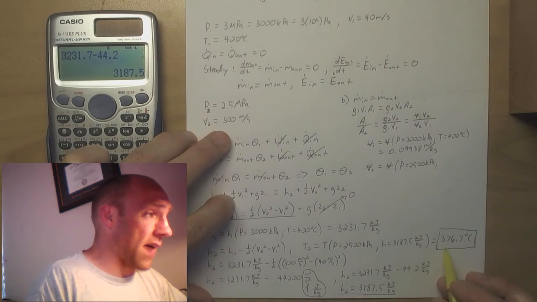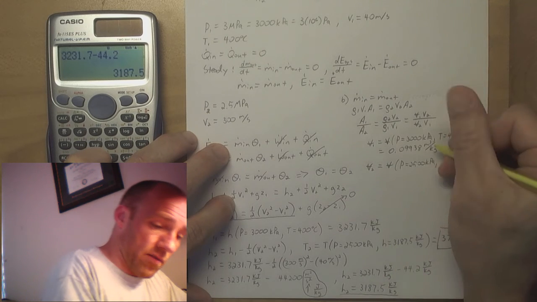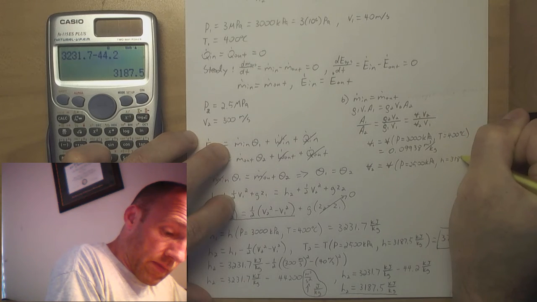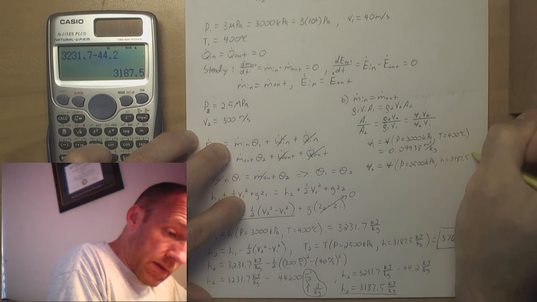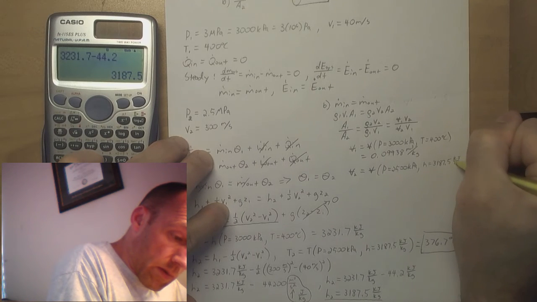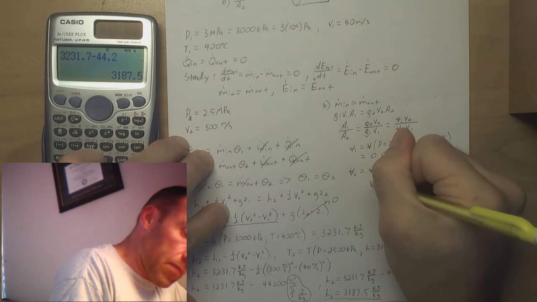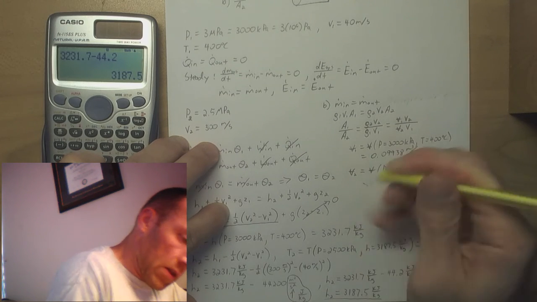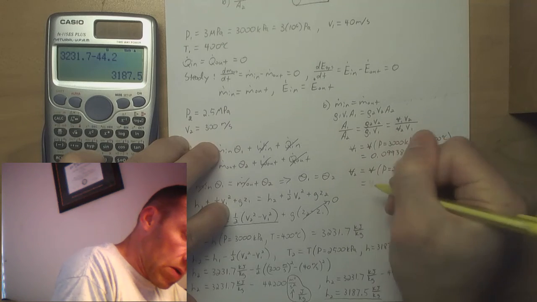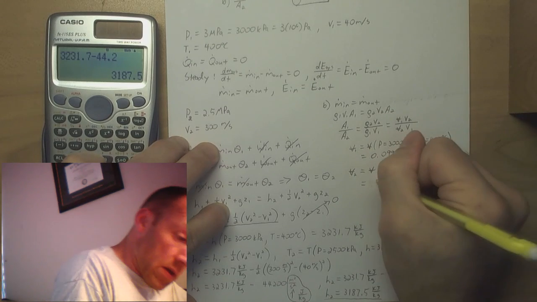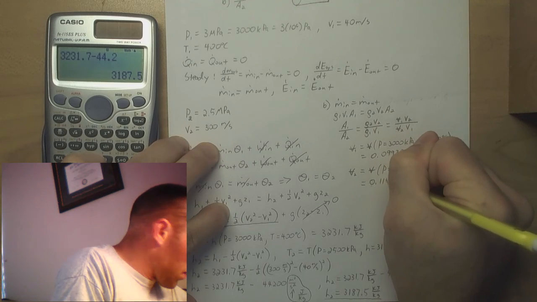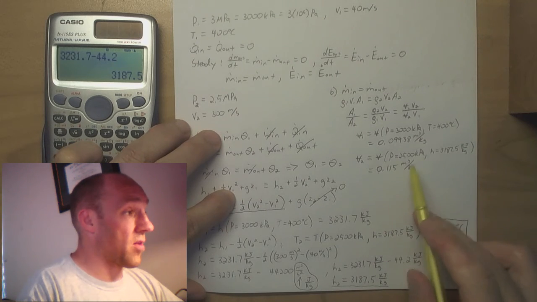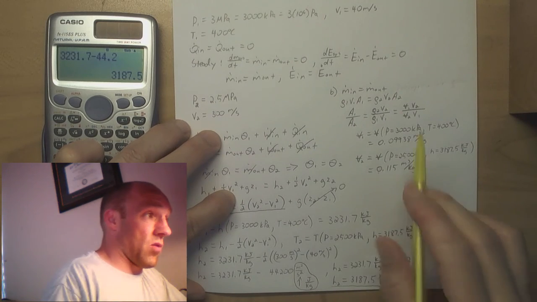You know, we have that value now, but just for consistency, I use pressure. So I run this into my calculator, I get this value, and so now I have everything I need.